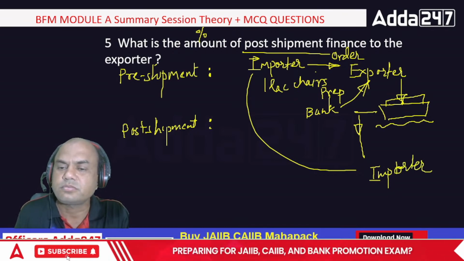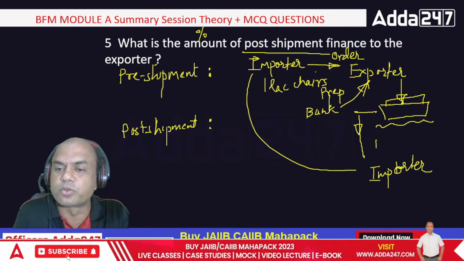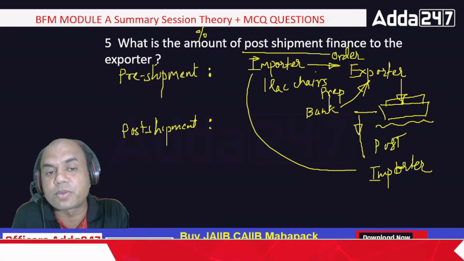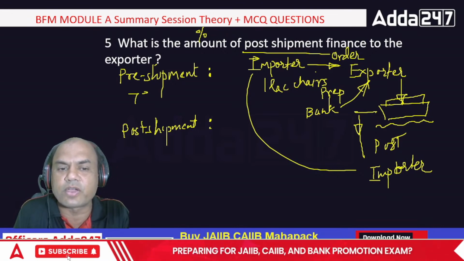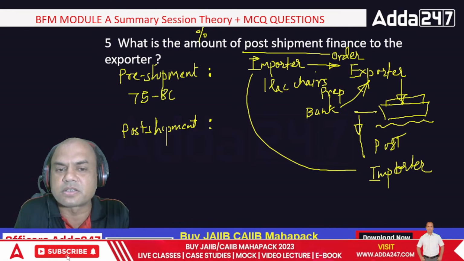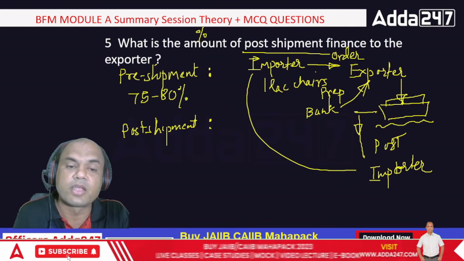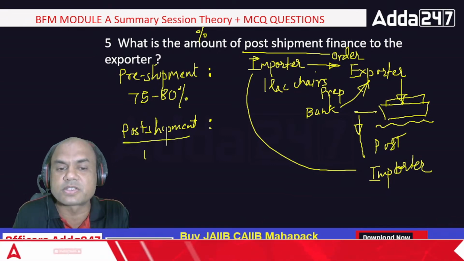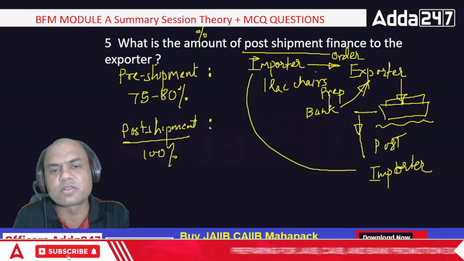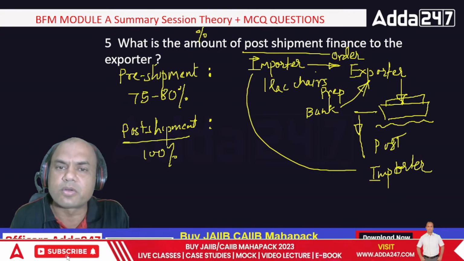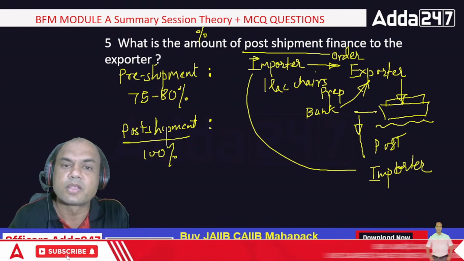So this is post and this is pre. What is the percentage of pre-shipment? Always remember, pre-shipment is generally given 75 to 80%. And post-shipment is always given 100%. There is no way out. So clear this term.